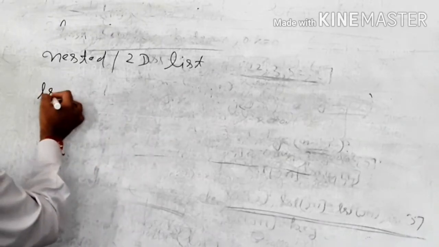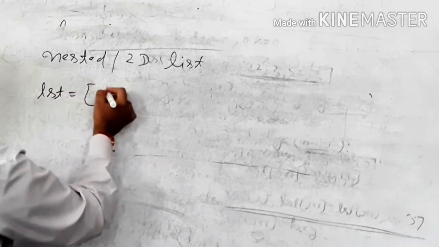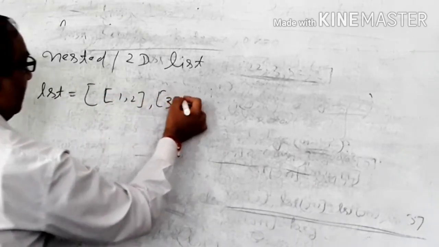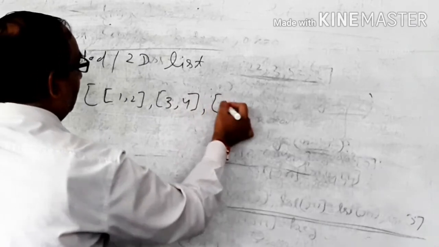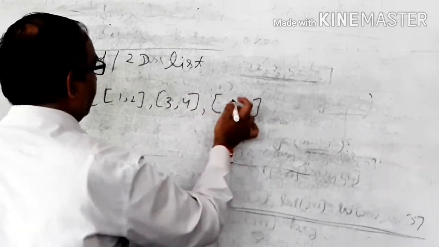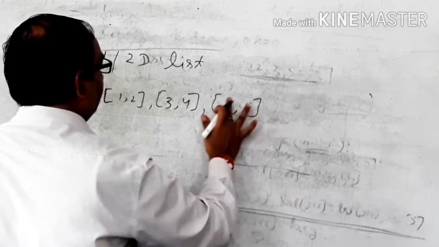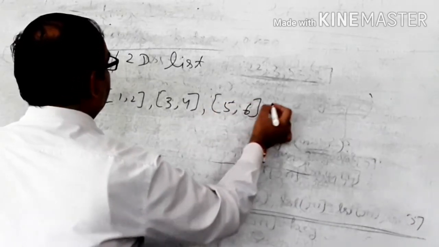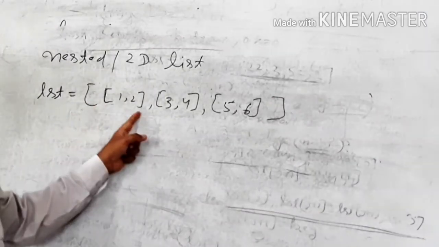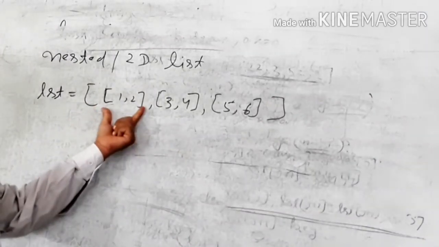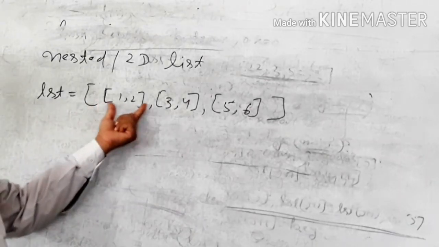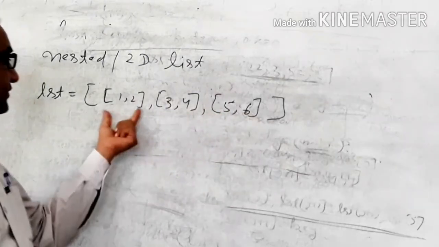If LST is equal to 1 comma 2 comma 3, then 4 comma 5 comma 6. So this is the list containing lists, that is known as a nested list. This LST is a list having lists inside it.